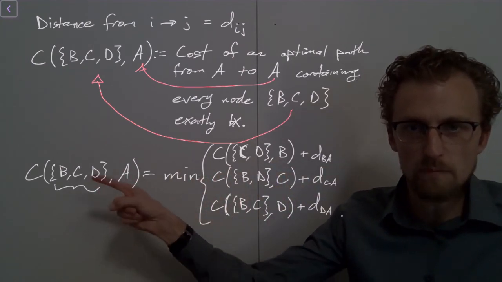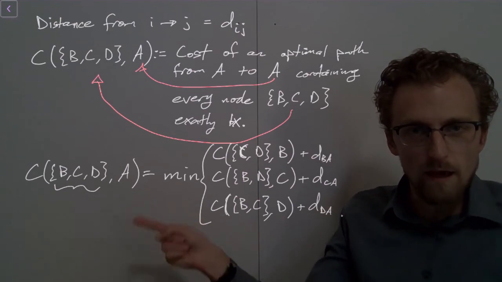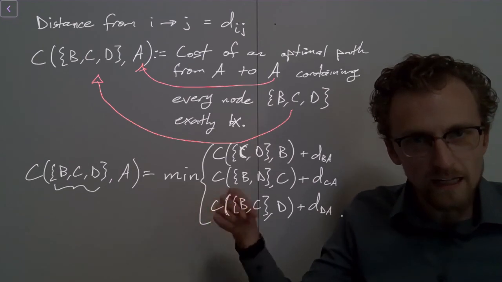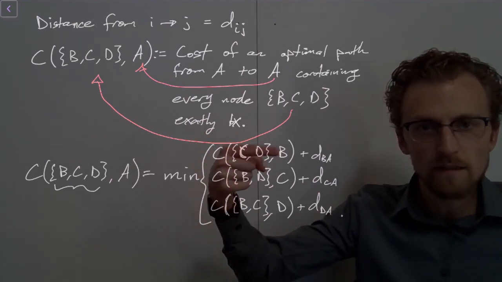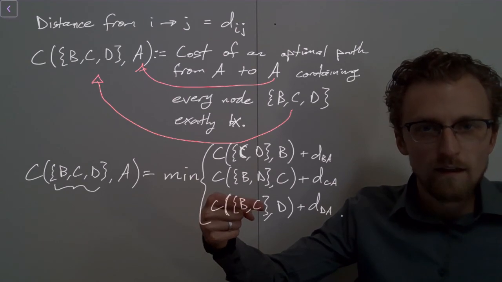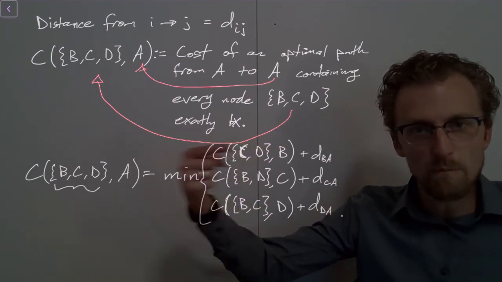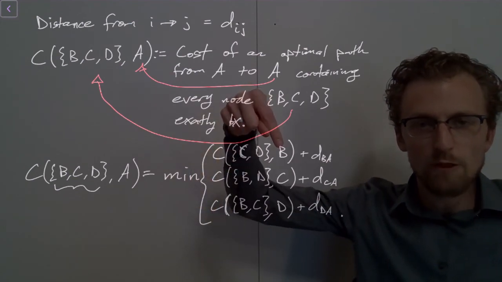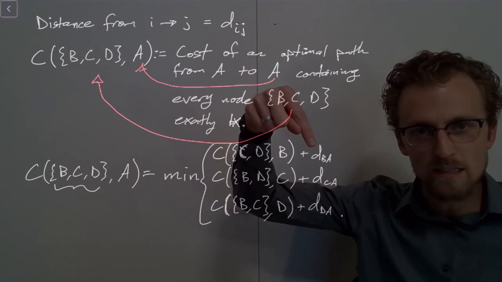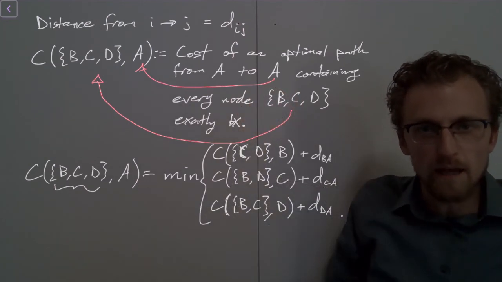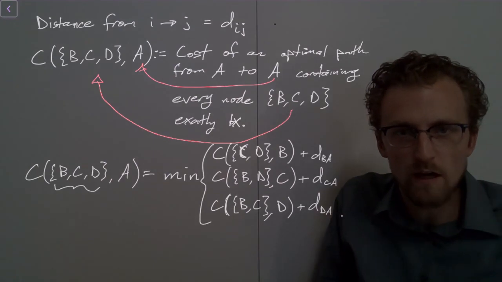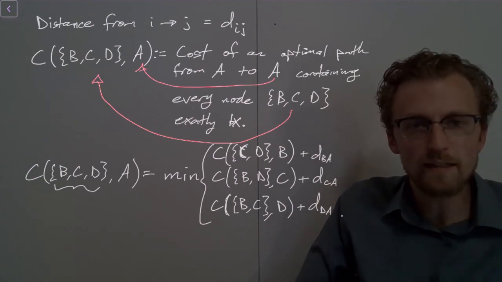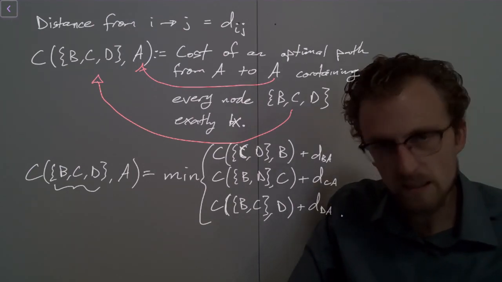I've got A, B, C, and D. I know that my optimal tour has to end at A, and so the penultimate node, the second to last node, has to be either B, C, or D. And if it's B, then what I know about that subpath is it includes C and D in it somewhere, and then it ends on B, and then the remaining distance to get me back to A is the distance just of the link from B to A. And the same logic follows through for the other two. Okay, so this is the core DP idea that lets us build an algorithm.